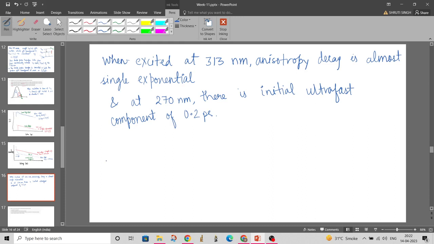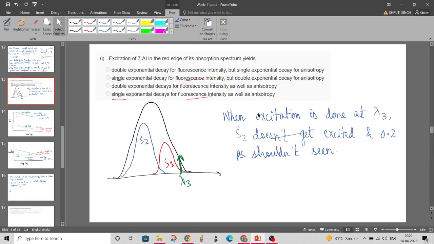So from this they confirmed that, to answer this question, the answer is now clear that it is single exponential for both decay of the fluorescence intensity and decay of anisotropy.